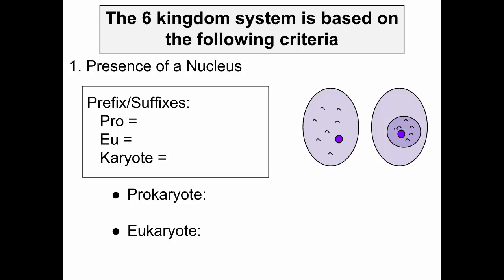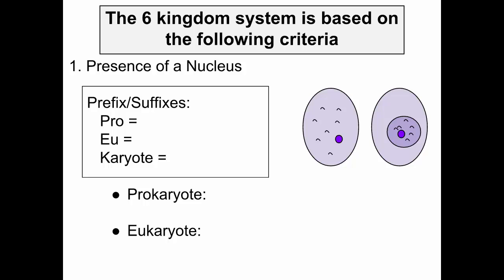But there are some types of living things where within their cells, their DNA and chromosomes are not surrounded by a nuclear membrane. Their DNA is just spread throughout the cell. You see these little lines represent DNA. So this is a cell without a nucleus. This is a cell where there is a nuclear membrane surrounding that DNA. That's an important difference.